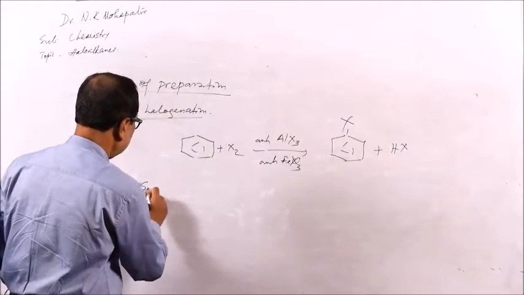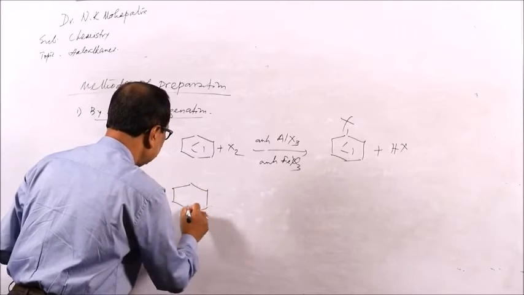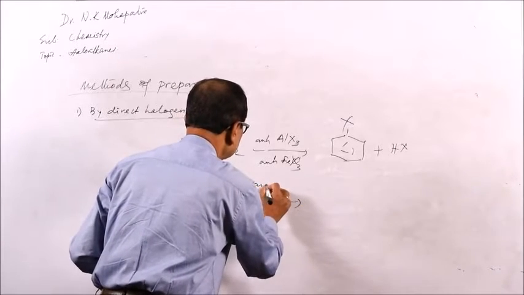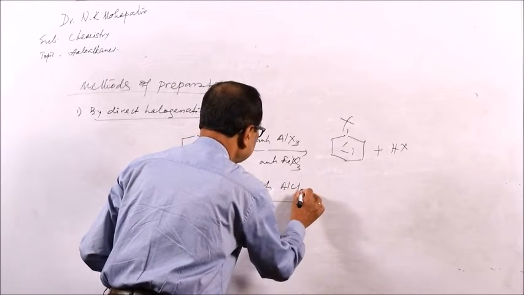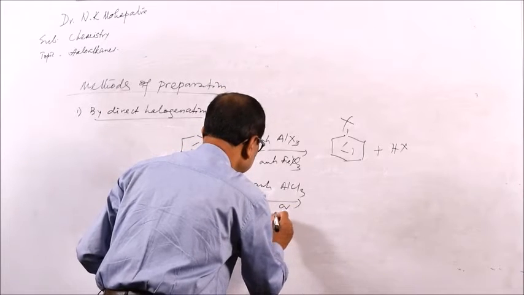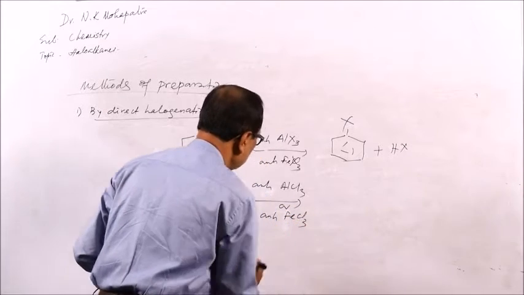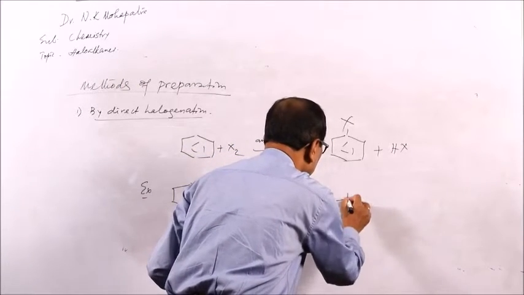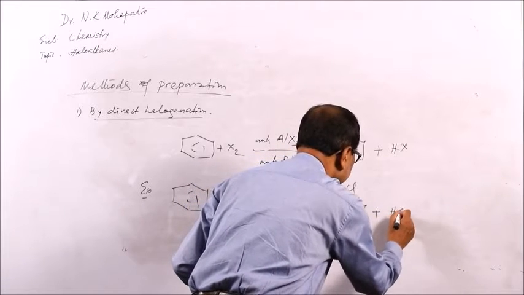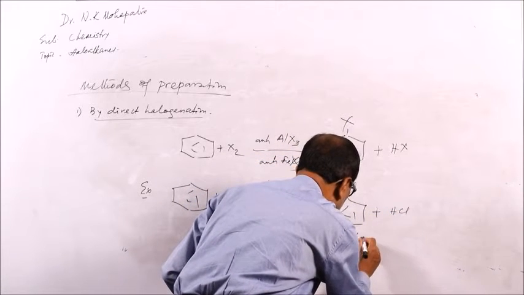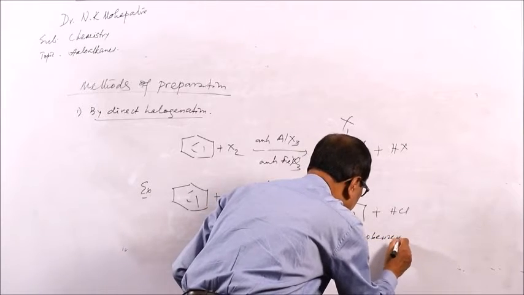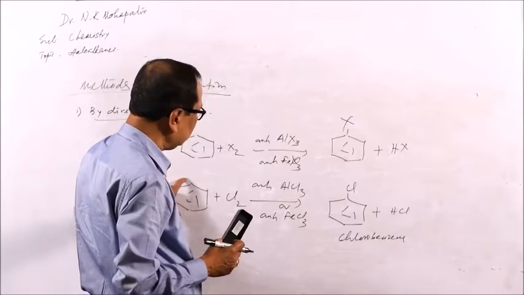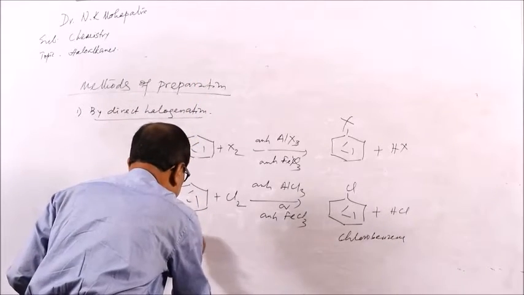For a particular example, benzene treated with chlorine in the presence of anhydrous aluminum chloride or anhydrous ferric chloride gives chlorobenzene plus HCl. Here the halogen atom directly substitutes on the benzene ring, replacing one hydrogen atom.